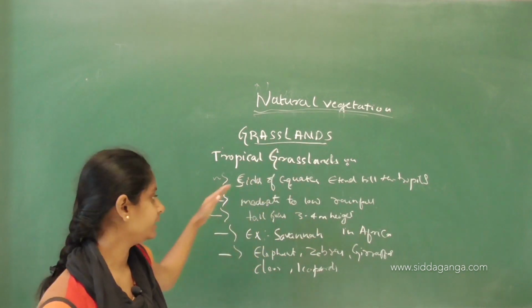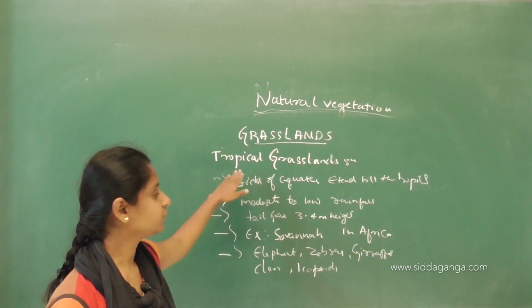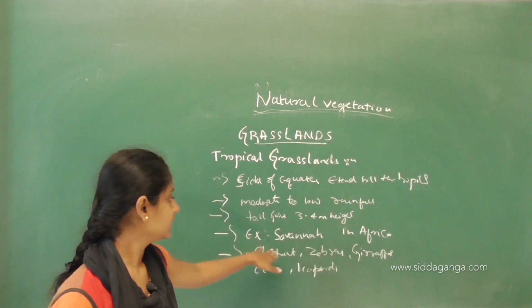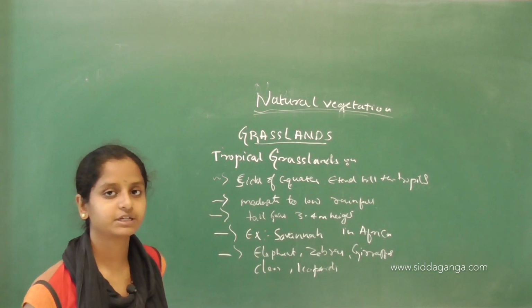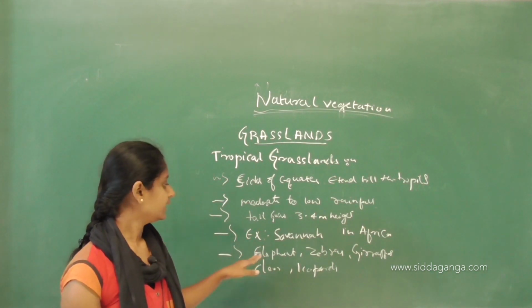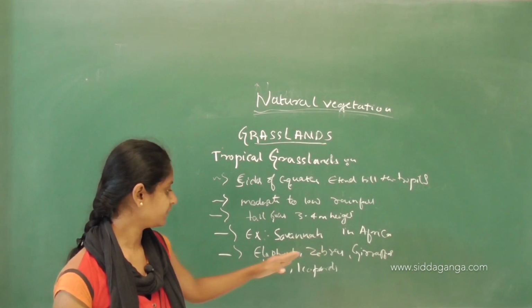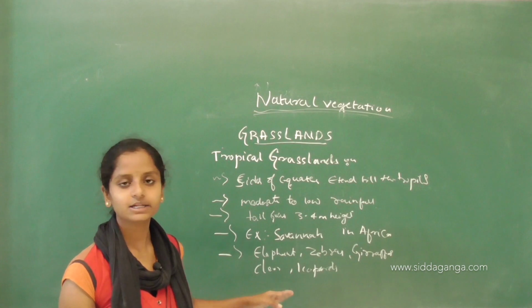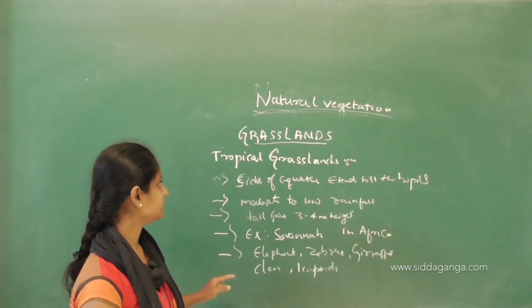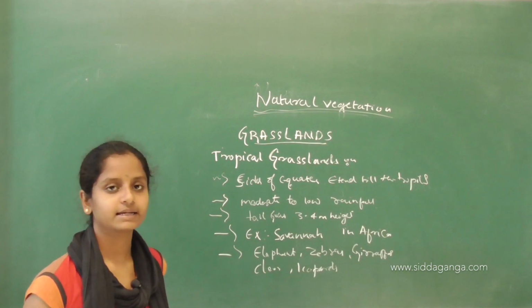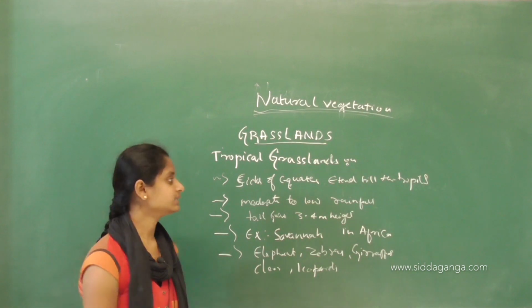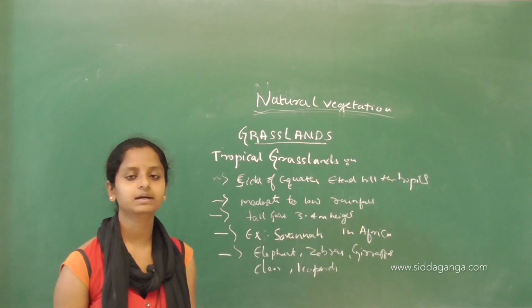Okay, they are very tall. An example for this tropical grassland is savanna in Africa, and animals like elephant, zebras, giraffes, deer, leopard etc. can be seen here.